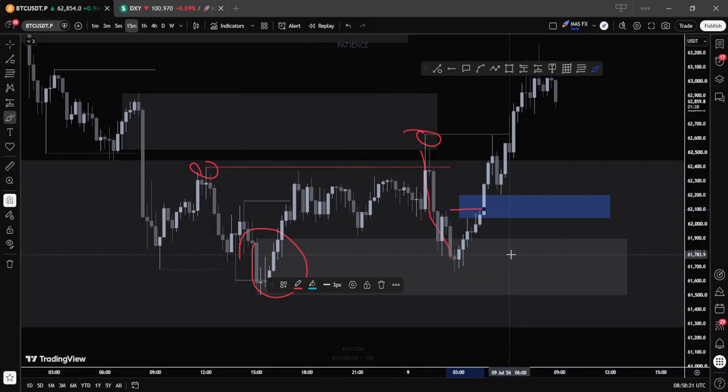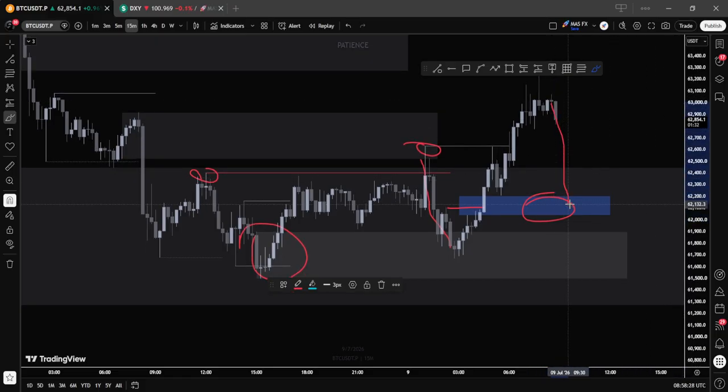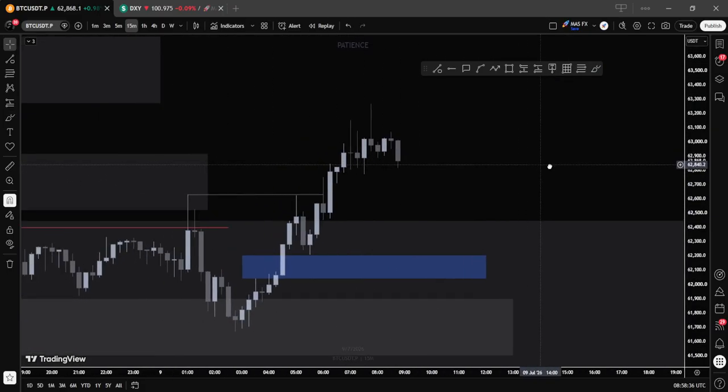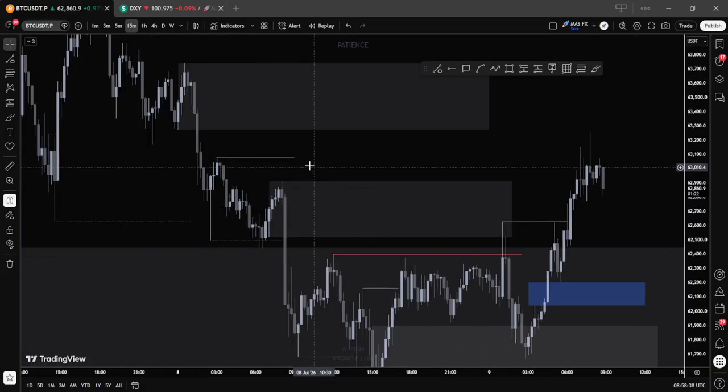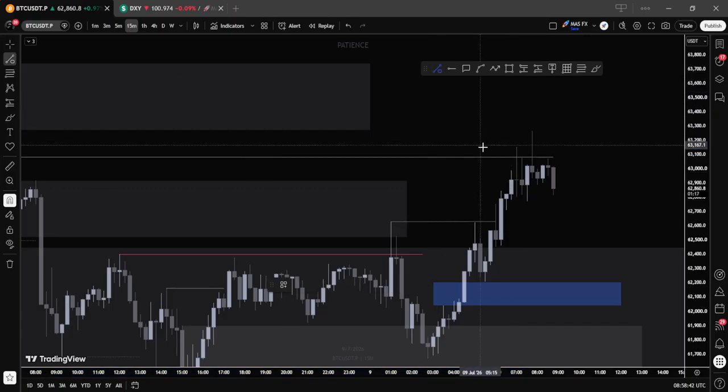So currently what I'm looking at is this fair value gap over here. I'm looking for price to drop down into the fair value gap, then continue higher. So currently, okay, we can look for shorts. Okay, I'm actually coming to take a short entry on BTC. I think we have taken out this liquidity high over here, and we have had a sweep of this also.